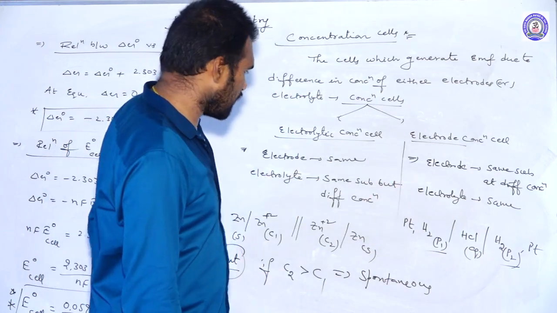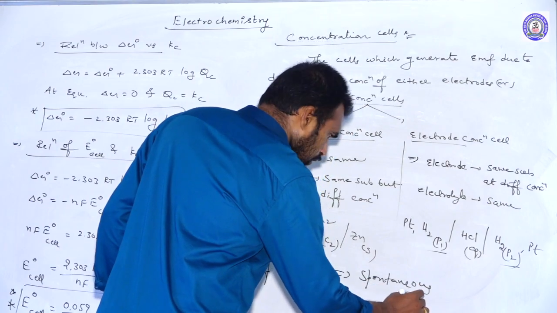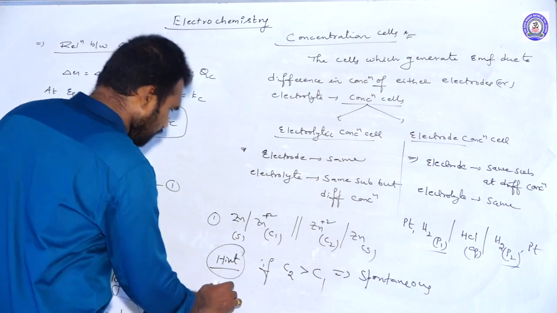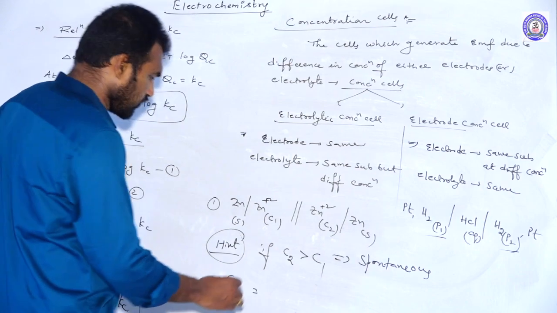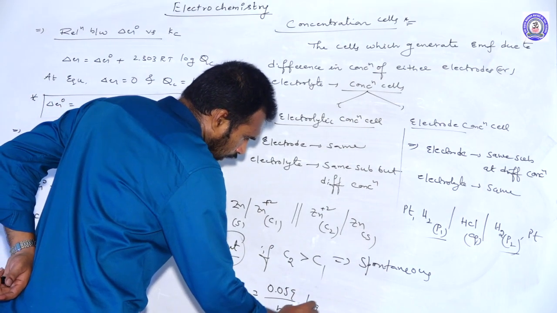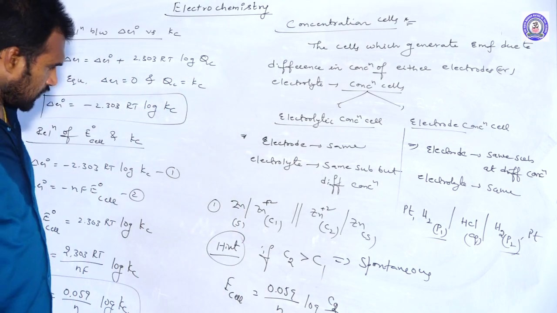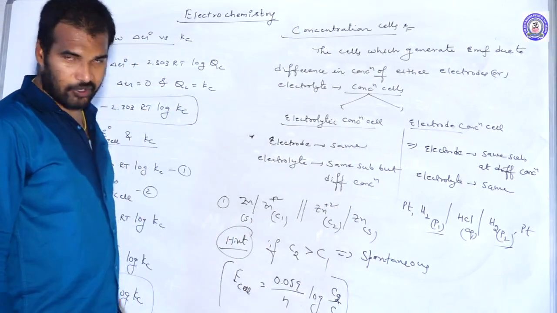In case of the concentration cell, what is the formula? The EMF formula for the electrolytic concentration cell is E cell = 0.059/n log C2/C1. By using this formula you can calculate the EMF of the electrolytic cell.